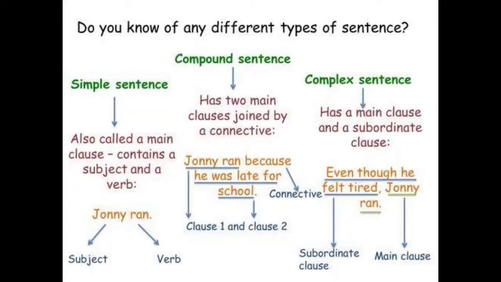As we are using the subordinating conjunction in the front along with the dependent clause, we are separating the sentence with a comma. Even though is a subordinating conjunction, and that is the subordinate clause along with the main clause. It is a complex sentence, children.